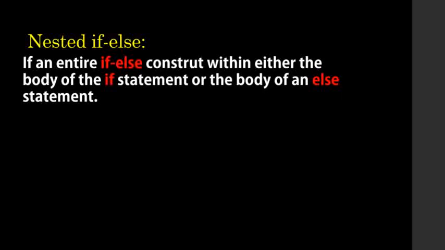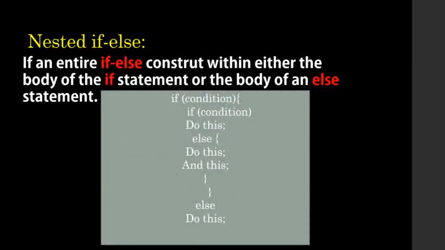Now nested if-else. If an entire if-else construct is within either the body of the if statement or the body of an else statement, it is called nested if-else. Let's understand with the help of an example. If there is some condition, you can see that within the if there is one more if and else present.